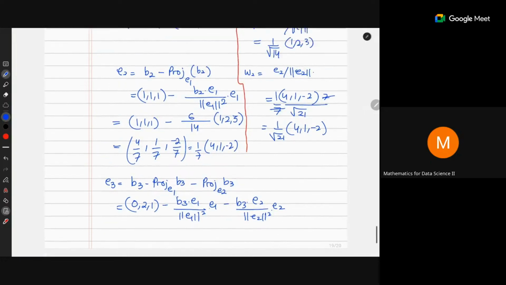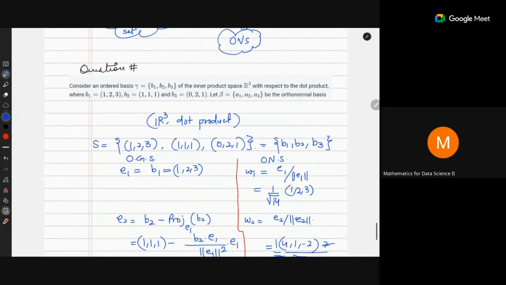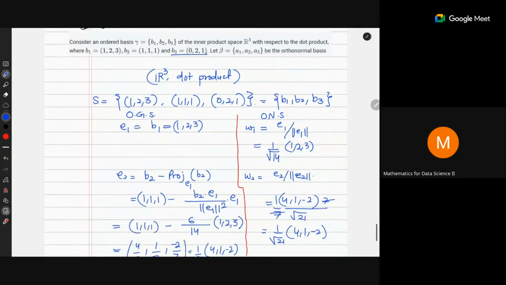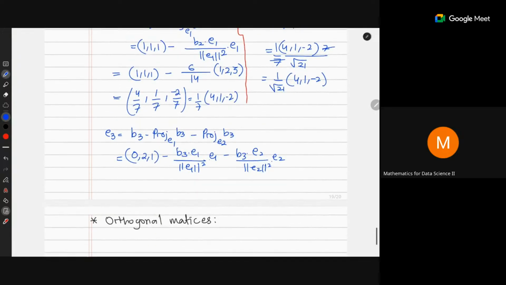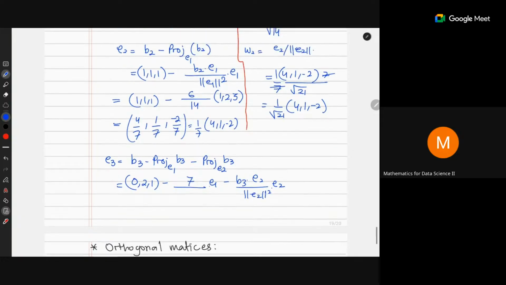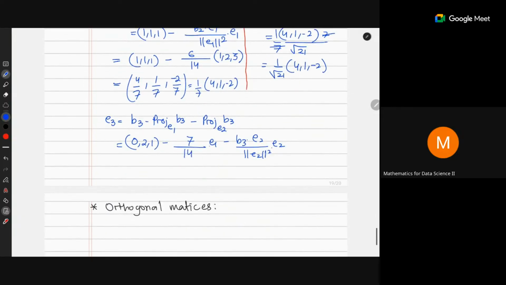What is B3 dot E1? With E1 as 1, 2, 3, it is 4 plus 3, which is 7. And E1 squared we already know is 14. E1 we already know is 1, 2, 3.